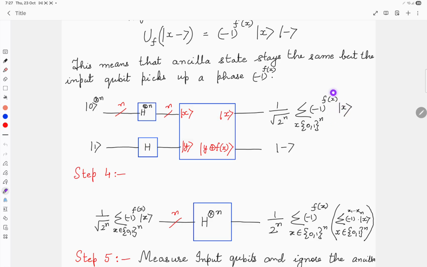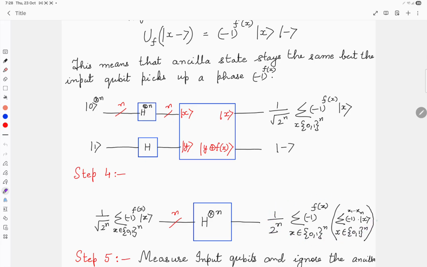Now this output is again applied to the Hadamard gate. Here it is an n qubit Hadamard gate. But in the first algorithm, which is the Deutsch algorithm, only one Hadamard gate was there. So this input, which is the output of the quantum oracle, is passed through the Hadamard gate.